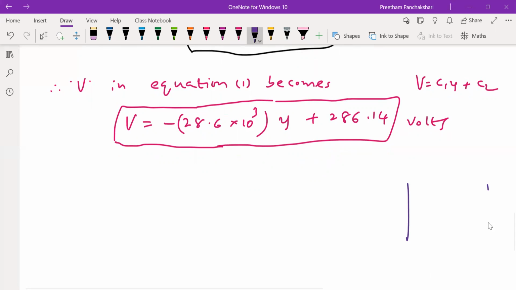That means we know that there are two conducting planes, one located at y equal to 0, another one at 0.02. And I have taken the voltage of the first plane as V1 and the second one V2. We have to find V1 and V2, right? So using this location data, we can find V1 and V2 from this equation, let us say equation 3.